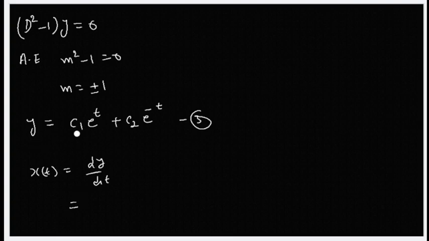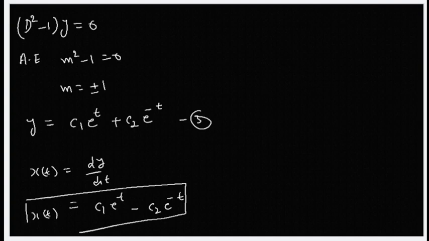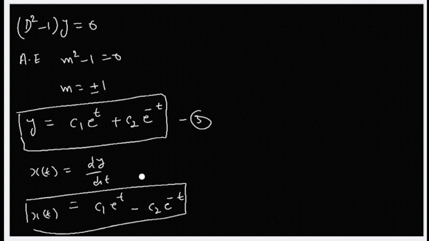What is the value of dy by dt? Differentiate this: c1 e to the power t minus c2 e to the power minus t. So this is the value of x of t, and this is the value of y of t. Suppose this is equation 4.